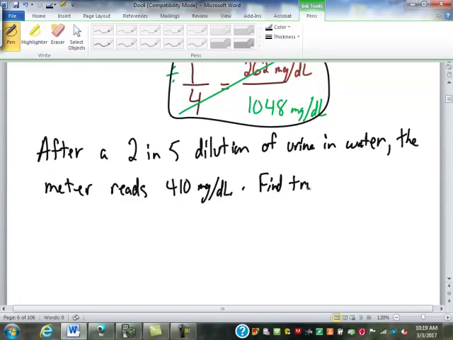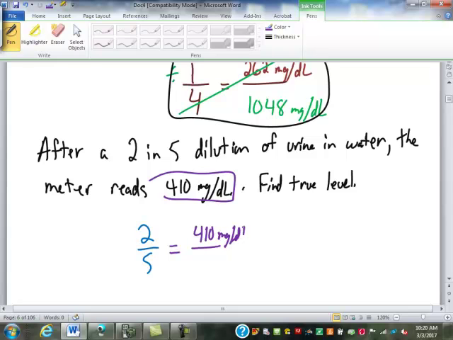Find the true level. So we have that 2 in 5, that's a dilution, but it also is the conversion in our reading. Once again, the 410 milligrams per deciliter is a diluted reading, so that'll go on top, and you'll cross multiply and divide to get the other reading, the true level, which is what, 1,025, I believe there.